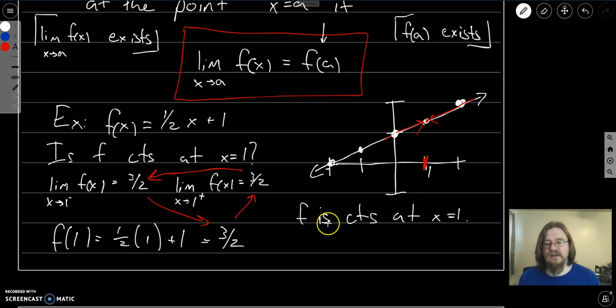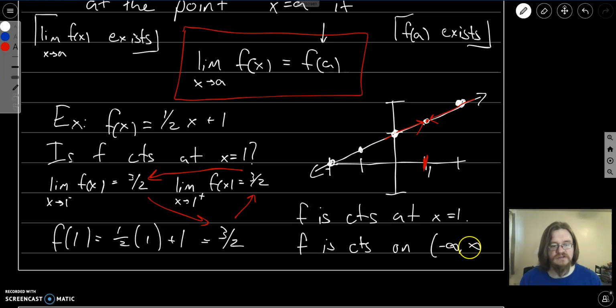So in fact, using the same arguments here, we could say f is continuous everywhere. Now, how do I express everywhere in mathematics? On -infinity to infinity. So it's going to be continuous at every single point from -infinity to infinity. So we can say that this is continuous everywhere.